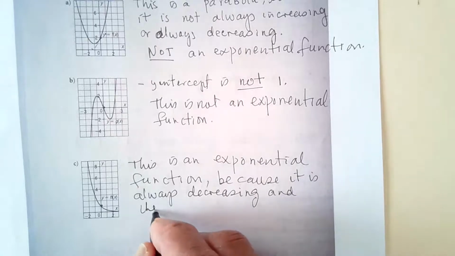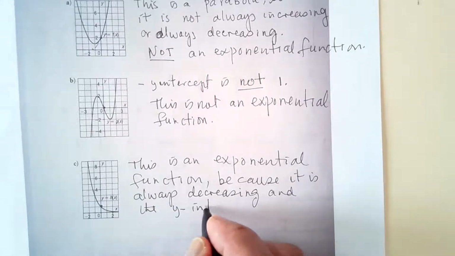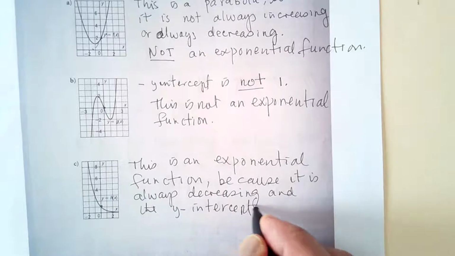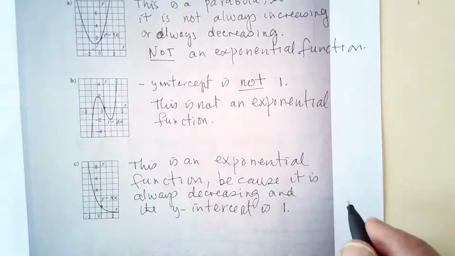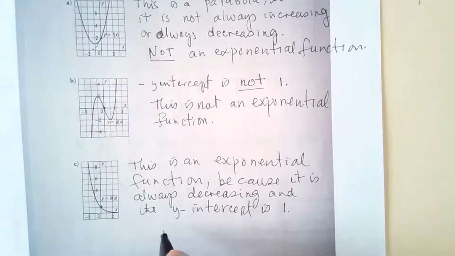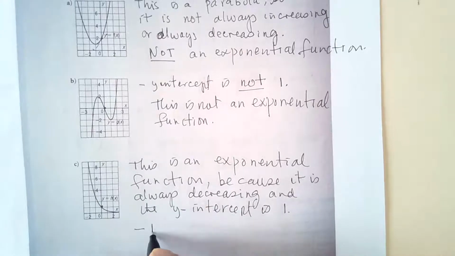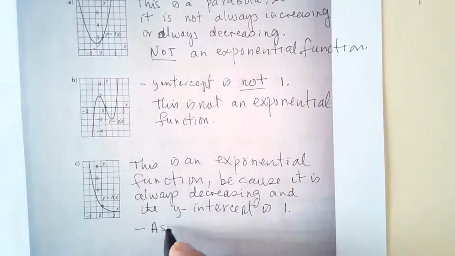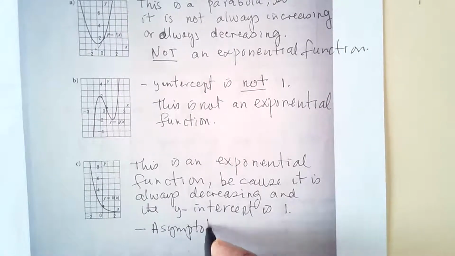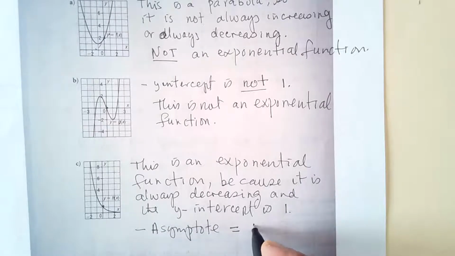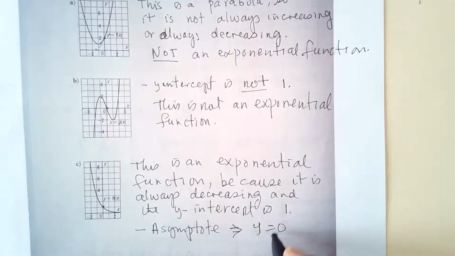And the y-intercept is 1. Also, the asymptote is y equals 0.